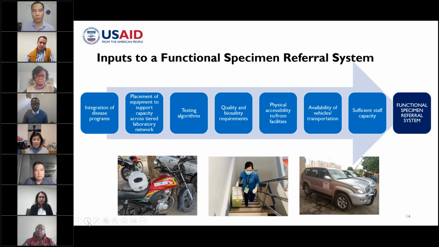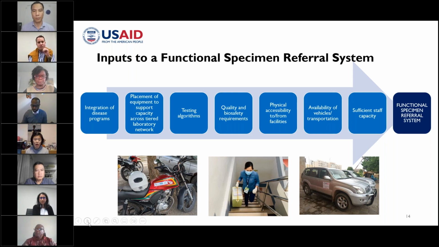So when we think about designing a specimen referral system, there are a lot of important factors that should be taken into consideration. One is around how integrated are various disease programs. So is there any multiplexing happening on various platforms?